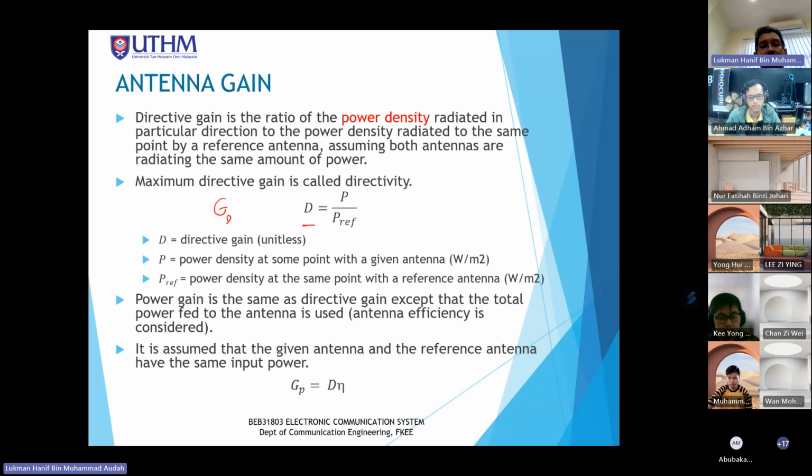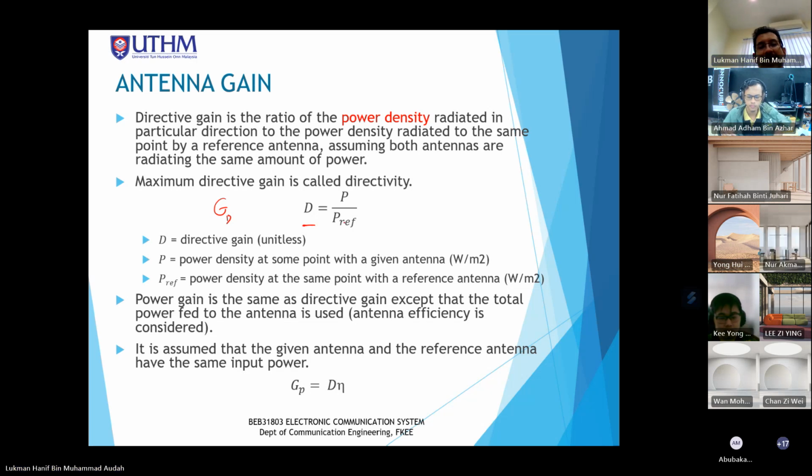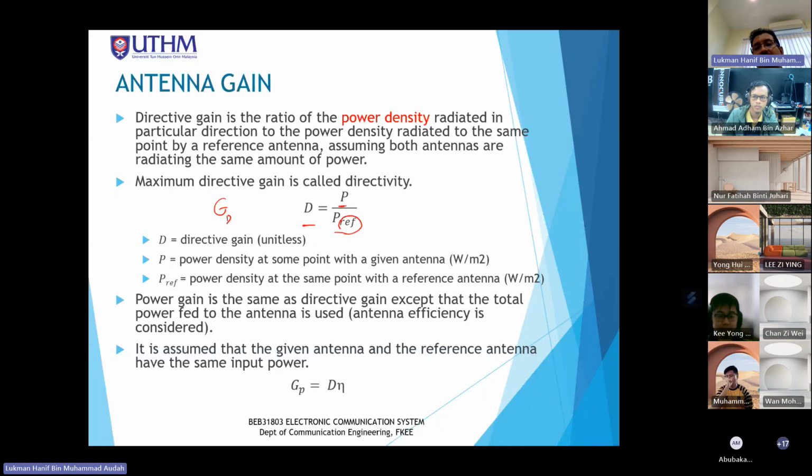Directivity gain is equal to the power density of a real antenna divided by the power density of an isotropic antenna, P reference. The reference antenna is usually the isotropic antenna.